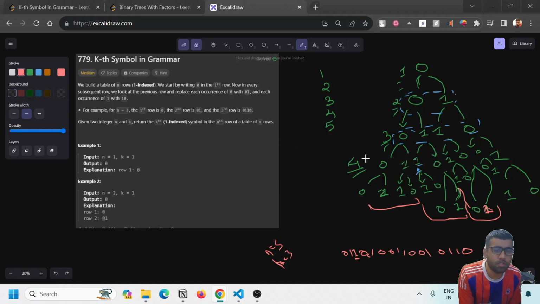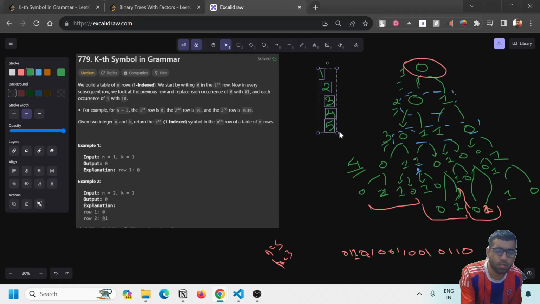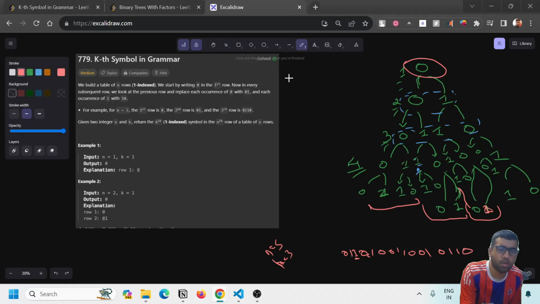So we can just do a dry run. Initially a 0 is passed, and suppose n equals 5 and k equals 3. So we will be here, and we will go one step down on the basis of whether k is greater than cur by 2.